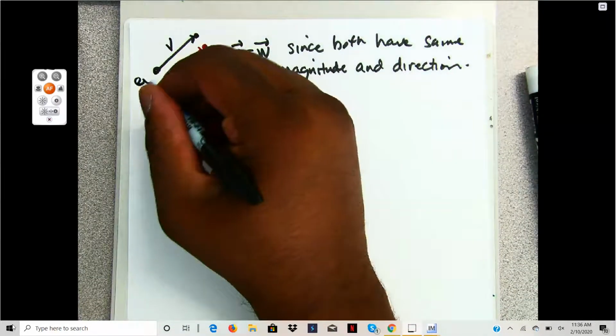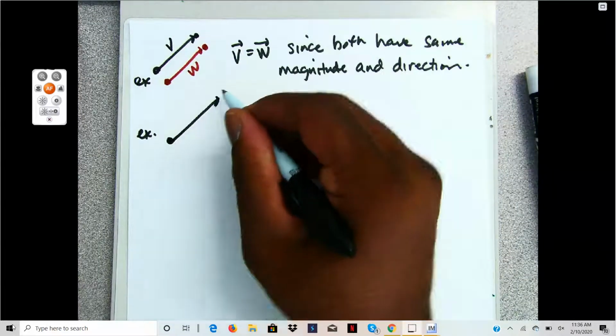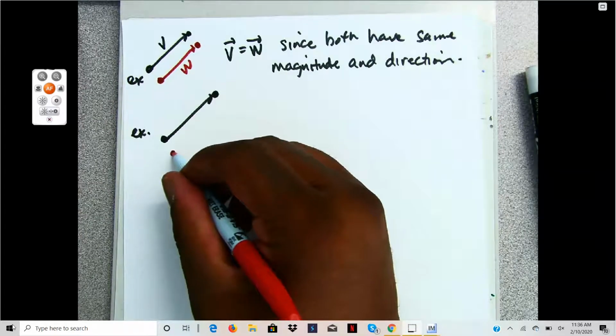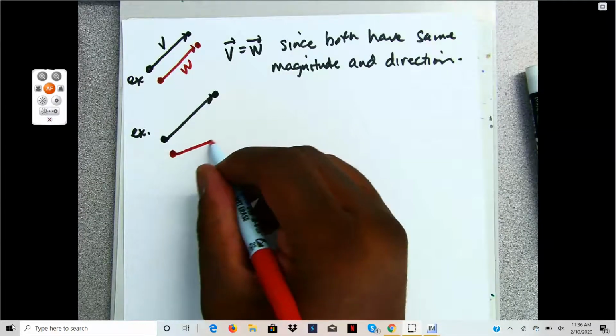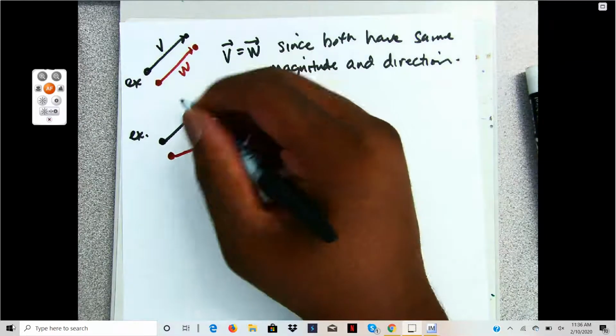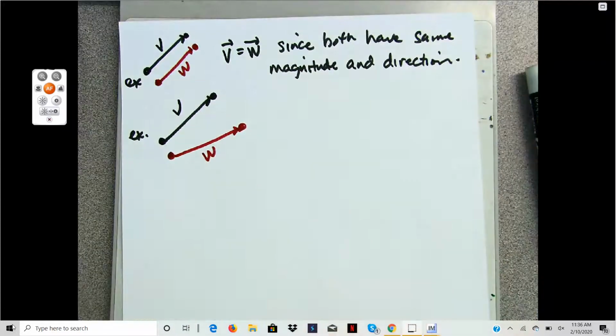Whereas in the next example, these vectors have the same length, but these vectors are not equal.